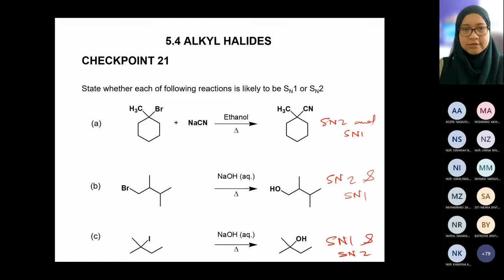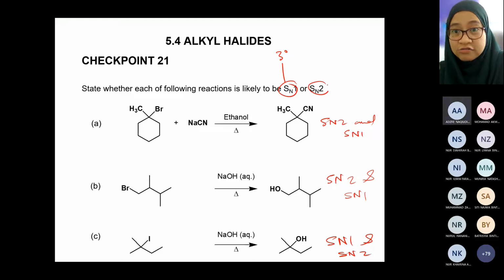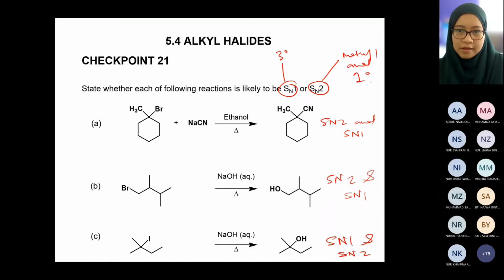So the tip is to identify the classification of the alkyl halide, because SN1 prefers tertiary, and SN2 prefers methyl and primary. We have to decide on this first. You must be clear about this first.